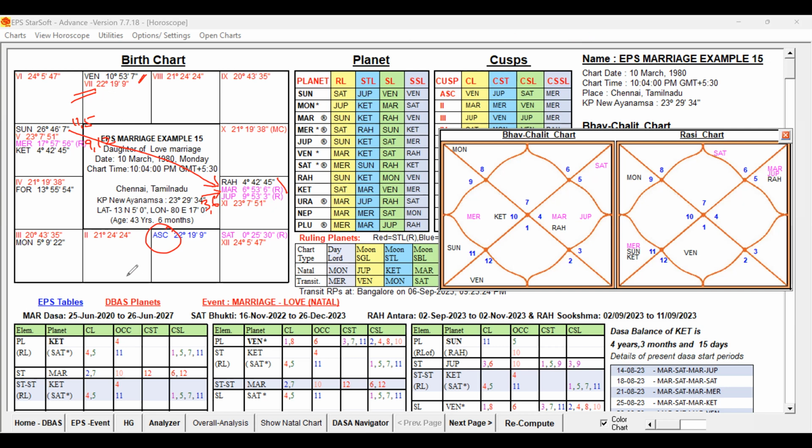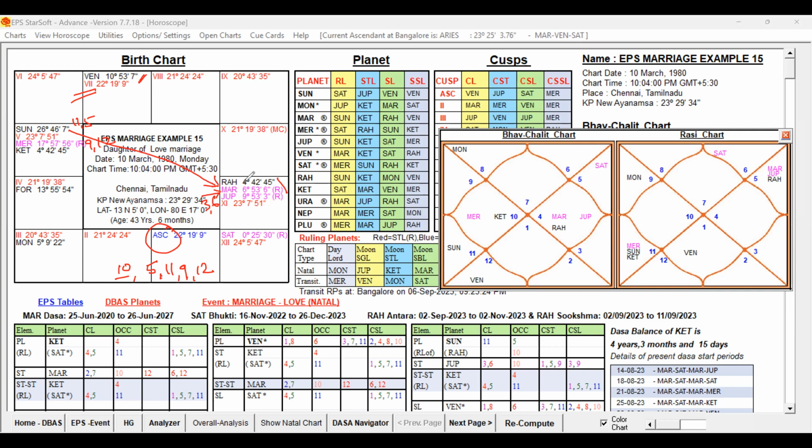You can see that the 7th lord is connected to the 10th house. That's fine. But it is influenced by the 5th house, 11th house, 3rd house and 9th house, because Mercury is 9 and 12, Sun is 5 and 11, and what else?